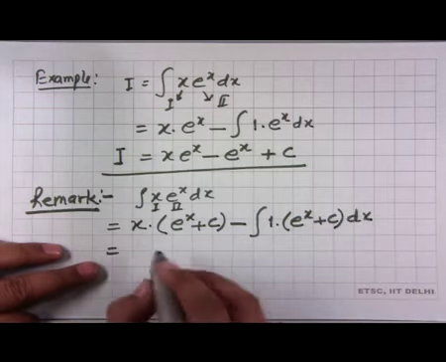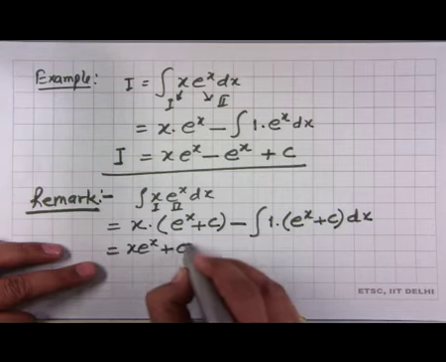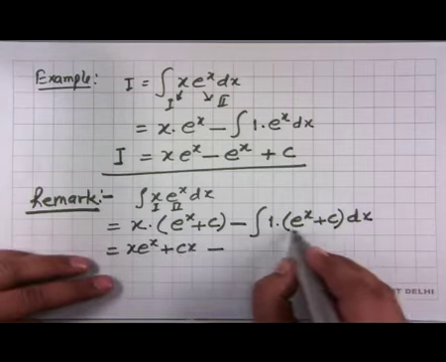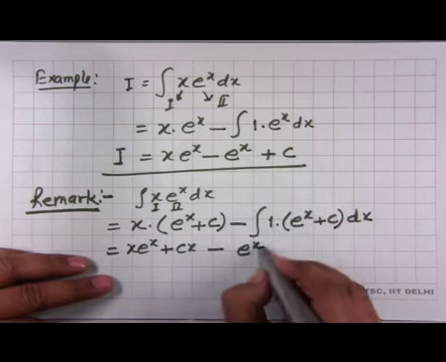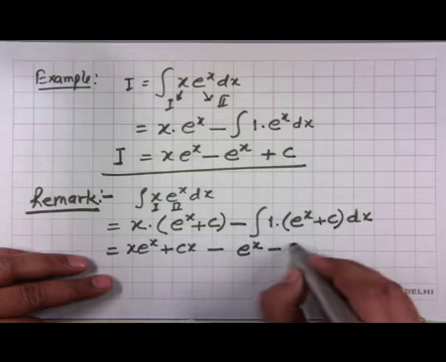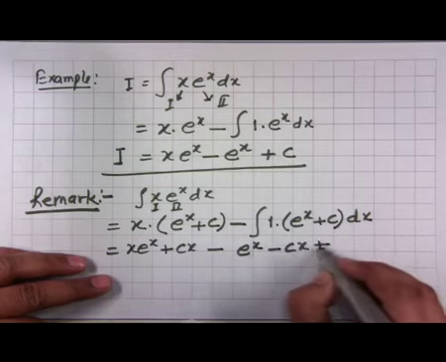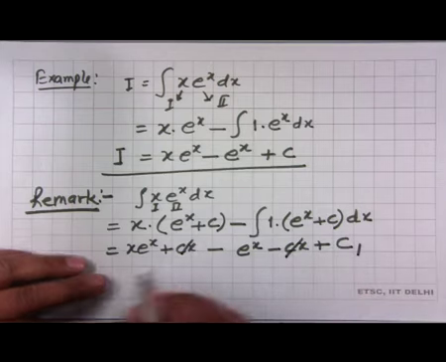So, ultimately what I will get here is x e raised to power x plus c x, minus the integral of this term, which is e raised to power x because of this factor, c being a constant. So, the integral will give me c x plus another constant c 1. This c x cancels with this c x.